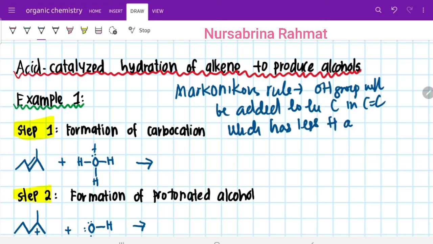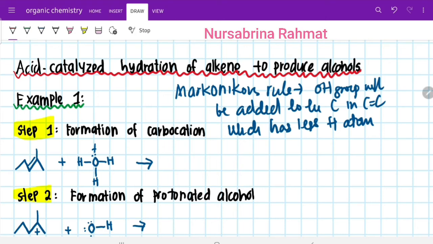This hydration of alkene is the addition of water in the presence of dilute sulfuric acid. That's why we name it acid-catalyzed hydration, because the dilute sulfuric acid acts as the catalyst for the reaction.